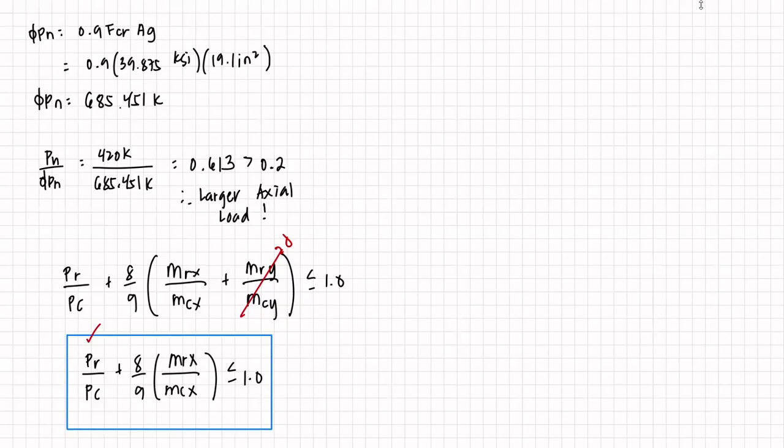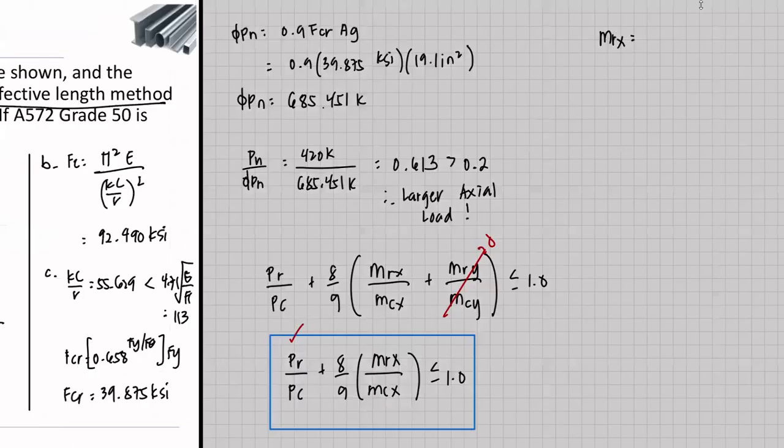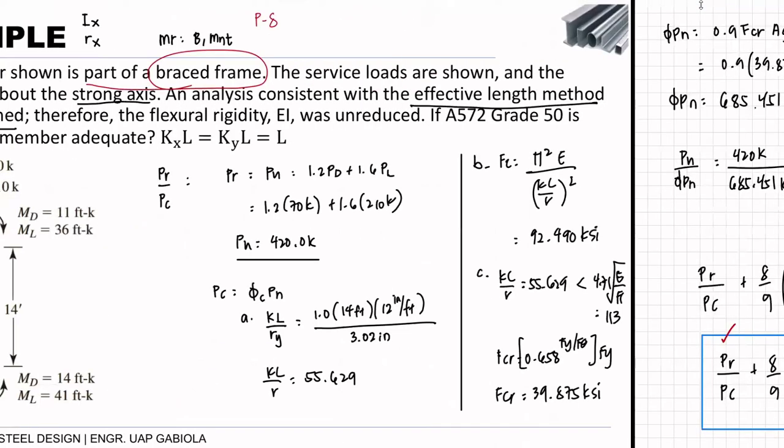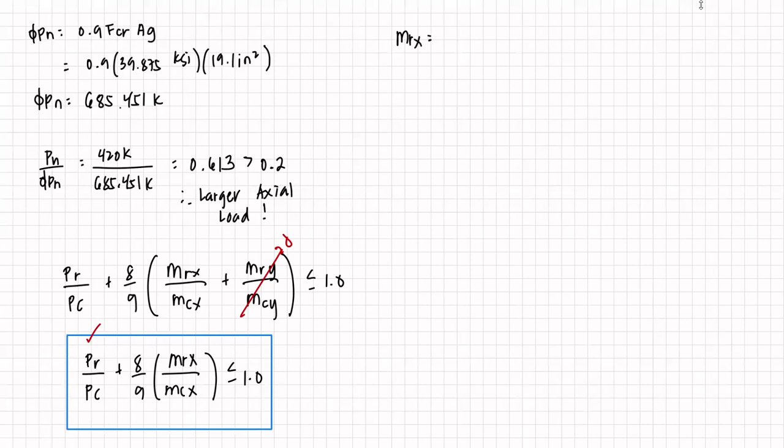Okay? So for the beam, we need to calculate MRX and MCX. So dito, si MRX, so sabi natin kanina, binilugan natin. Brace frame tayo. So yung MR natin in X, B1 MNT lang tayo. So that is B1 times MNT.